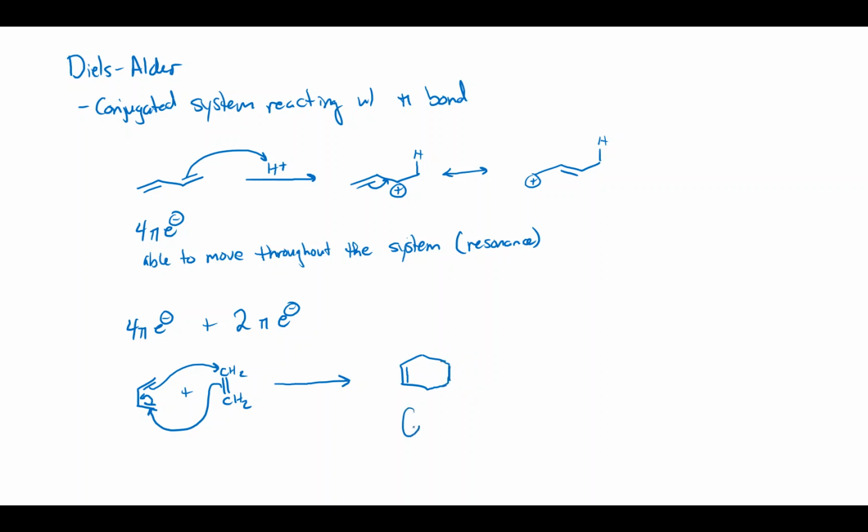But what we've made is a six-membered ring with a pi bond in it. And this will always be the product of a Diels-Alder reaction.